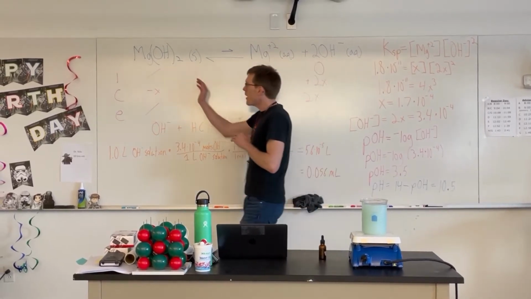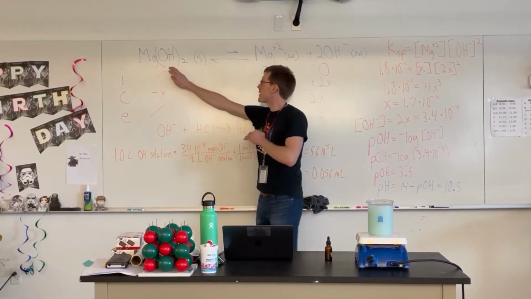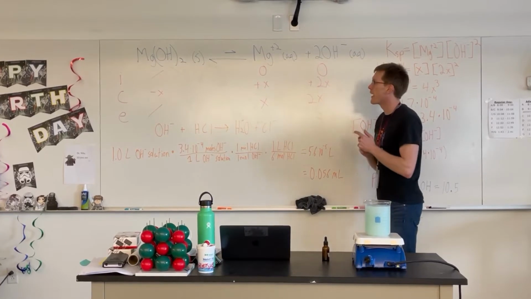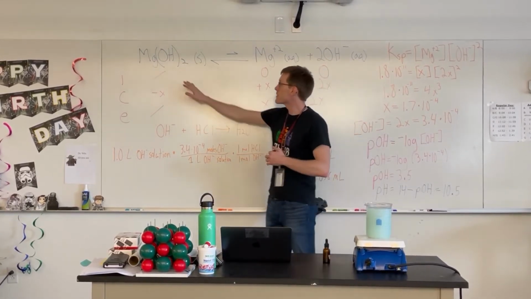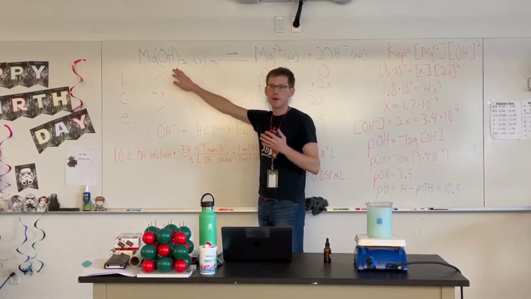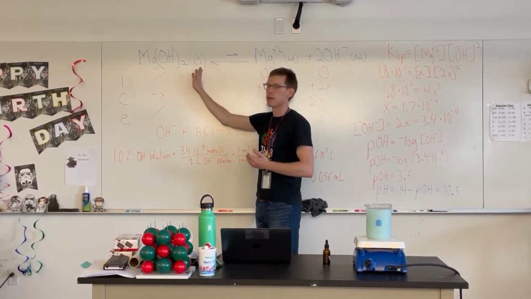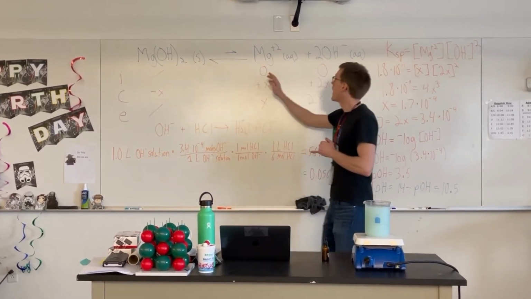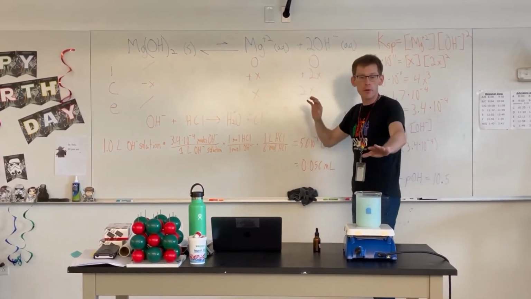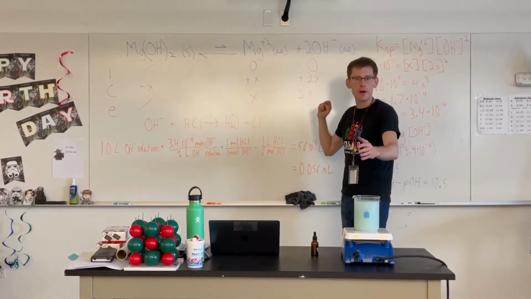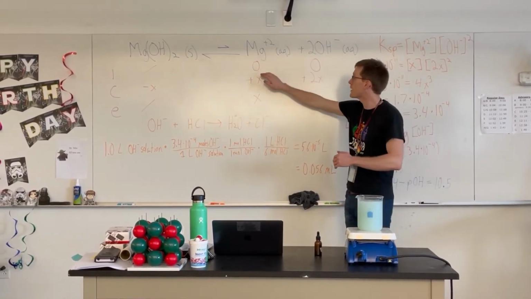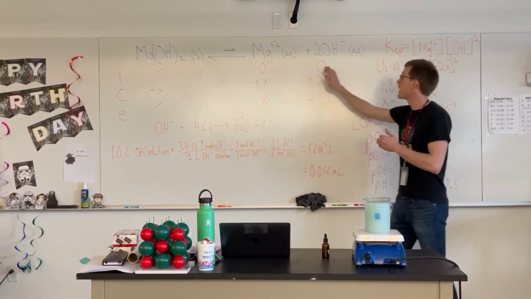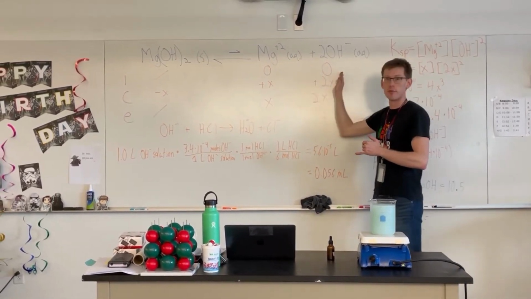Anyway, if we look at this chemical equation, we have an initial concentration of magnesium hydroxide that, well, doesn't matter because it's solid. But initially, before there's any dissolving of the magnesium hydroxide, we had a concentration of magnesium and of hydroxide at 0 molar.